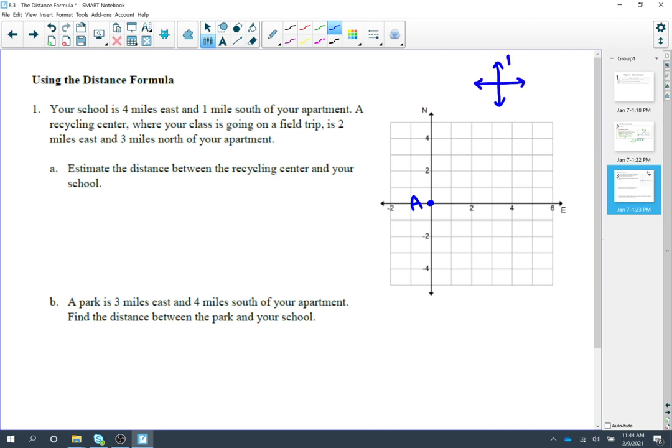It says that the school is 4 miles east, so I'm going to go 1, 2, 3, 4, and 1 mile south of the apartment, and this is our school. Then it tells us that the recycling center is 2 miles east, so 1, 2, and 3 miles north, 1, 2, 3, and this is the recycling center.